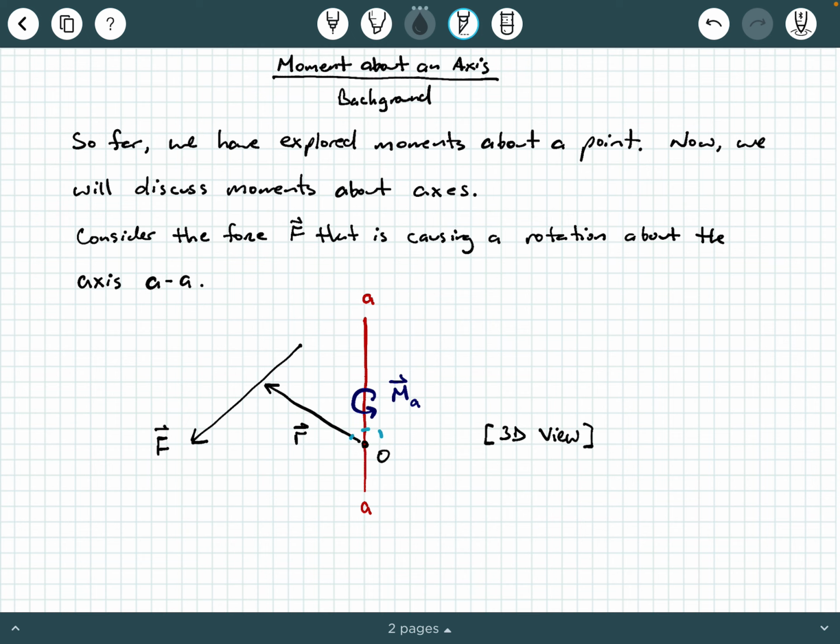Now, what about this point O right here? Well, this is just kind of a help point to define the tail end of that position vector r right here, okay? So how do we piece this together, and how do we define these things?